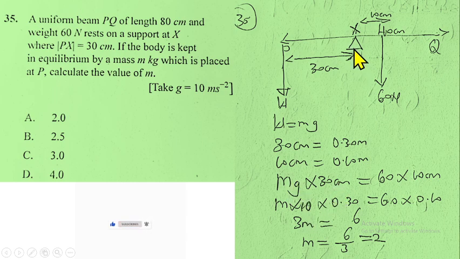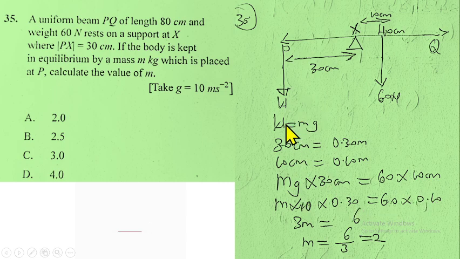So from there, the anticlockwise moment should be equal to the clockwise moment. That will be force multiplied by the distance. Then the force here, or the weight, multiplied by the distance here as well. So we will be having 60 times 10 centimeter, which we take to meters.